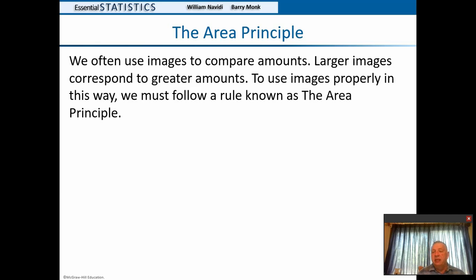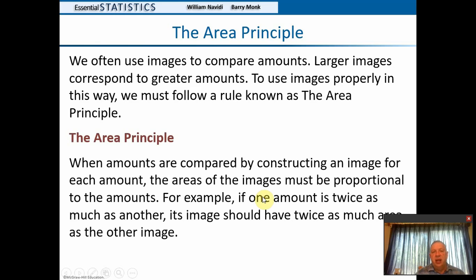At the same time, it may be the size of the car, so a bigger car would represent more. So the area principle: when amounts are compared by constructing an image for each amount, the areas of the images must be proportional to the amounts. So for example, if one amount is twice as much as the other, its image should have twice as much area as the other image.